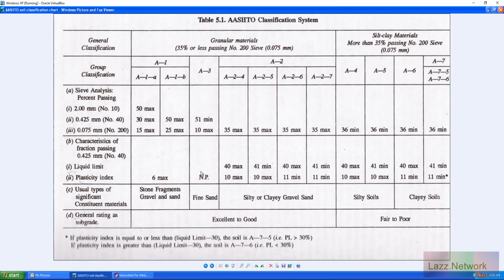That's what NP stands for. And then from our sieve analysis, we need a minimum of 51% passing the number 40 sieve, and then no greater than 10% passing your 200 sieve.